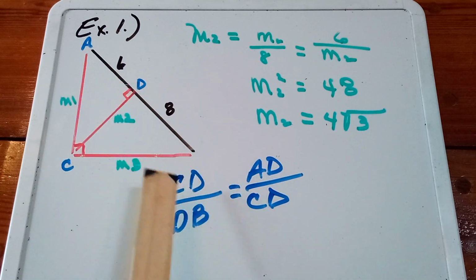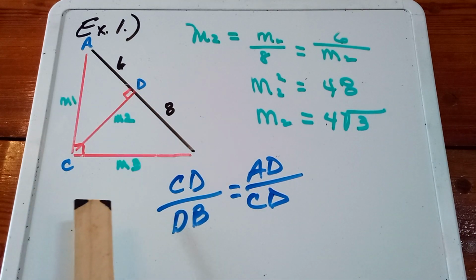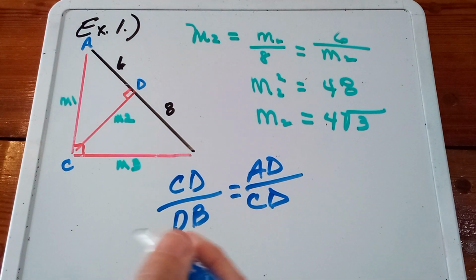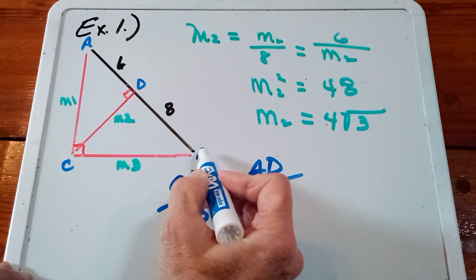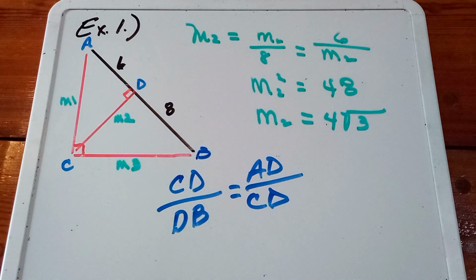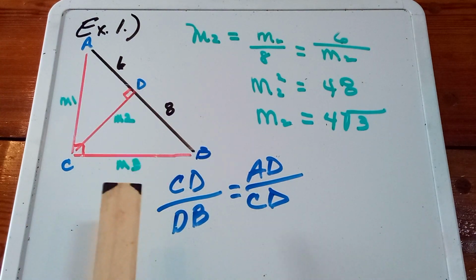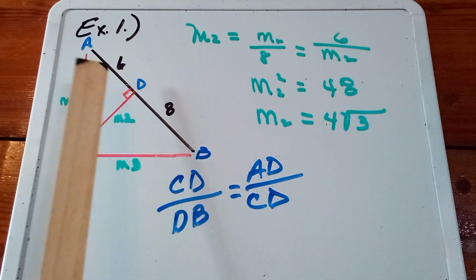So it's CD on numerator and denominator. And it's going to be, sorry, my B got erased there. Let's fix that. It is going to be this length, DB, under this length, AD.